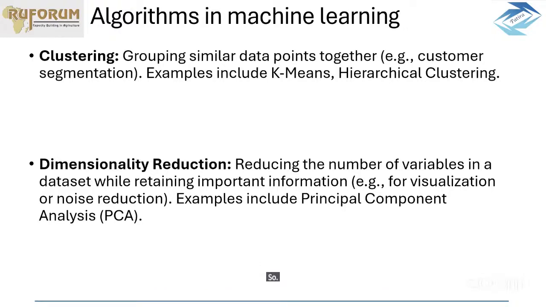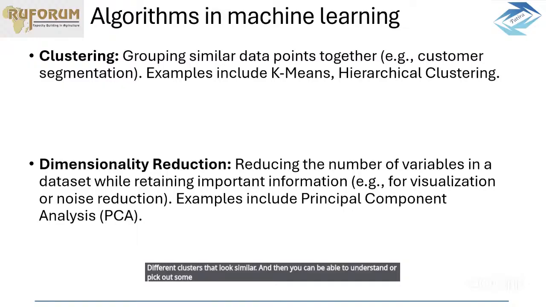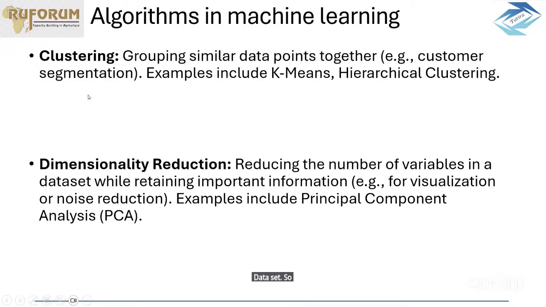So what you need mostly is to have data, then you can extract different clusters that look similar, and then you can understand or pick out some important insights from your data set. There are many types of algorithms that help us to do clustering as well. We have the k-means, we have the hierarchical clustering, and you can choose any of them to do your clustering. And when you choose them, you then evaluate if the model is performing well and choose the best model.